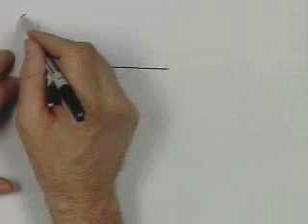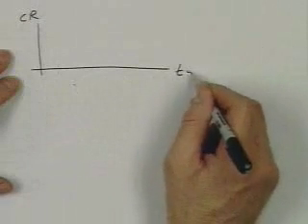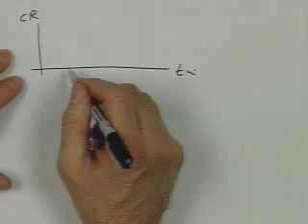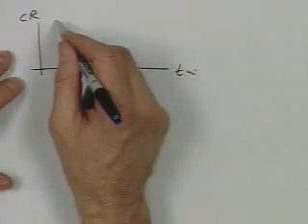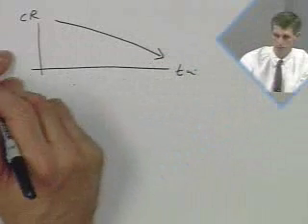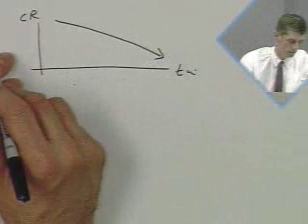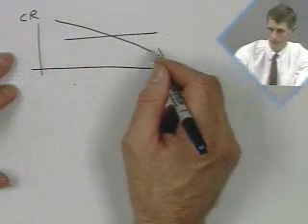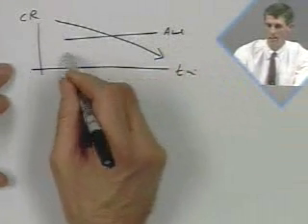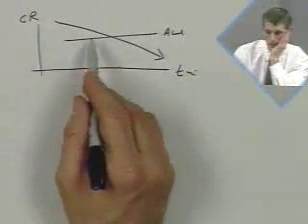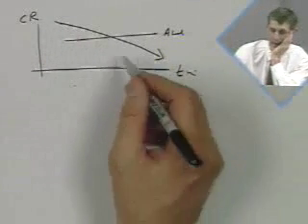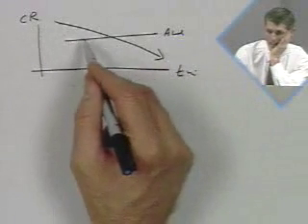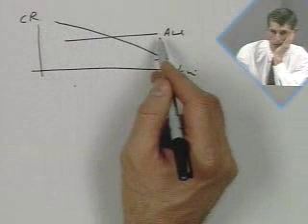So, if we look at the current ratio, this is the current ratio, this is time, what is their current ratio doing? Decreasing. What is the industry average? So industry average looks like this. The arrow represents the firm. The average is a horizontal line.